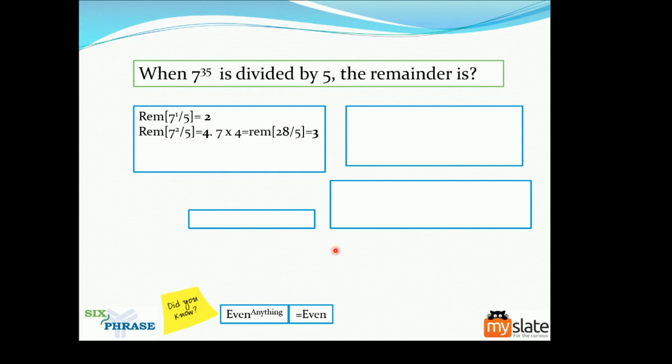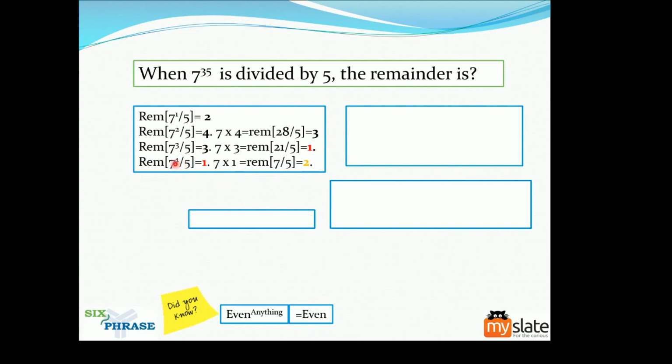Now the next one, 7 cube divided by 5. Guys, this is where it gets tricky, or difficult. Some of you might know 7 cube is 343, but not everybody knows it. 343 divided by 5, you will get 3 as the remainder. Now 7 power 4 divided by 5 gets even more difficult.